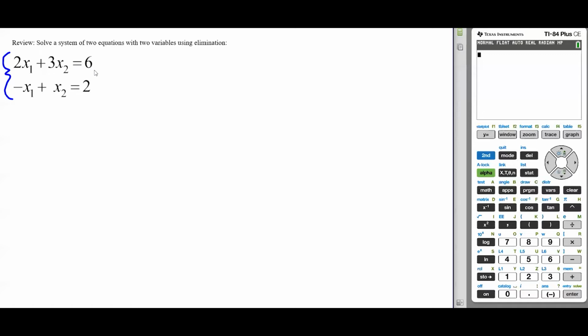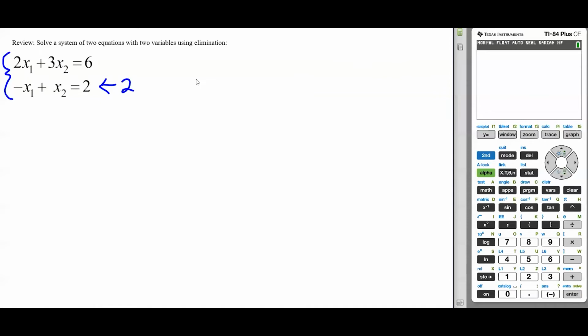So elimination would involve multiplying one of these equations by a constant and adding those two equations together in order to eliminate a variable. So in this case, I'm going to multiply the second equation by 2. And when I do that, I'll have a 2x1 and a negative 2x1. When I add those equations, the x1 variable will cancel out.